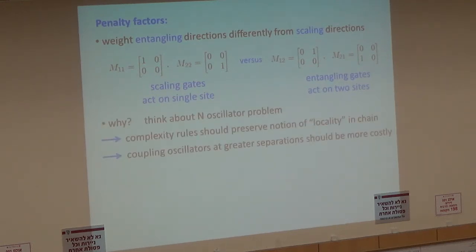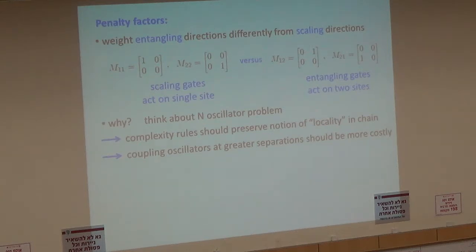When we think ahead to the N oscillator problem, locality is going to be important. In principle, I wrote down gates that couple sites that are arbitrarily far apart, but I want to give some heavy penalization to that.